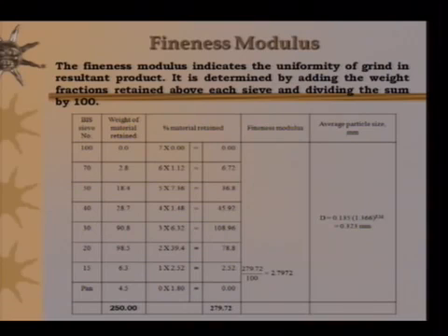And for wheat or whatever you have ground, if you want to know the average particle size, that can be given by the equation D = 0.135 (1.366)^Fm, where Fm is the fineness modulus which you have just calculated, and this will give you the average particle size.